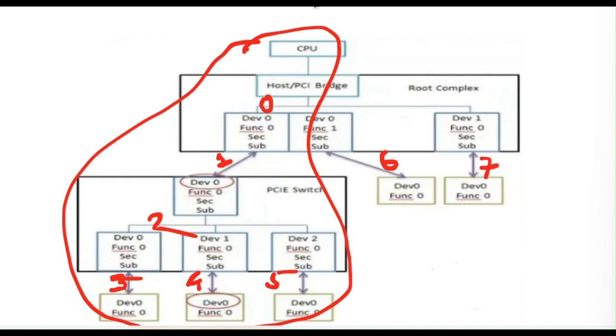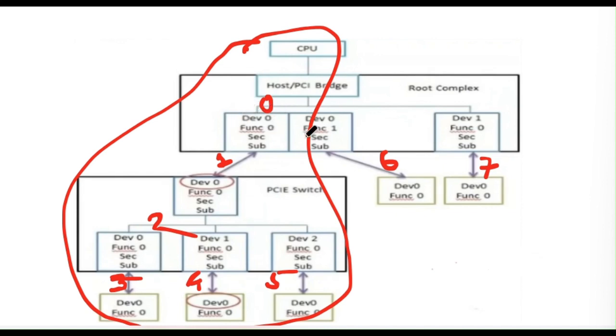The first device enumerated on any bus number is numbered D0. So this is numbered D0 because it is the first device enumerated on bus 0, and the first function enumerated on any device is numbered F0.